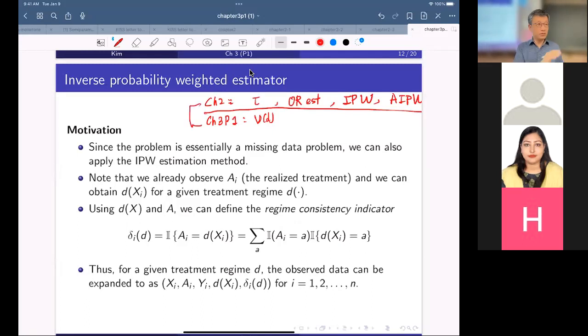And now we are going to do exactly the same thing. We're going to have an outcome regression estimator, which is an imputation estimator. Then we'll study the IPW estimator, and then the AIPW estimator. That's basically learning, I mean, estimating the parameter. The only difference is that the parameters are different.